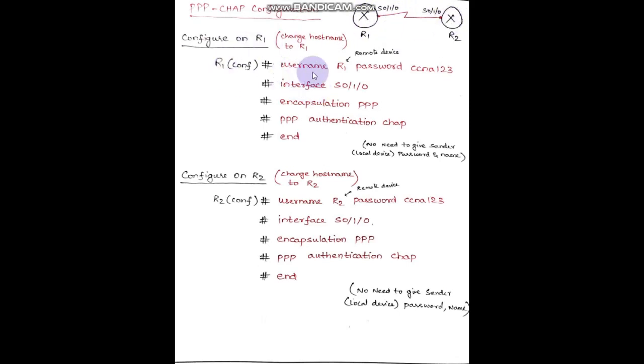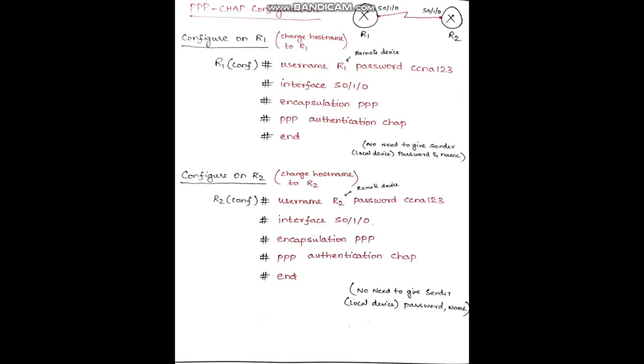Same commands, username R1, sorry, here I made a mistake. This should be R2. R2 password CCNA123 and interface S0/1/0.